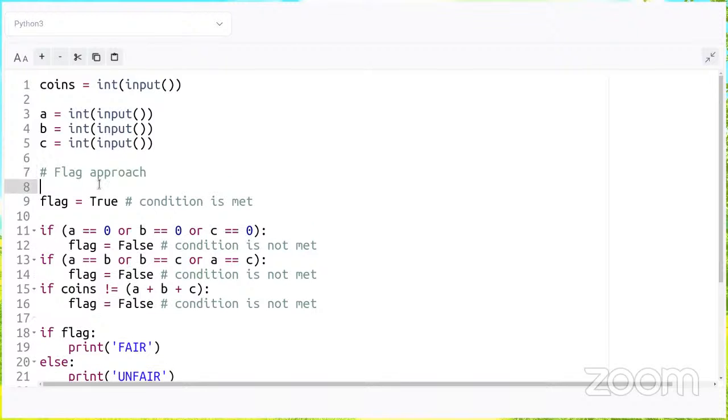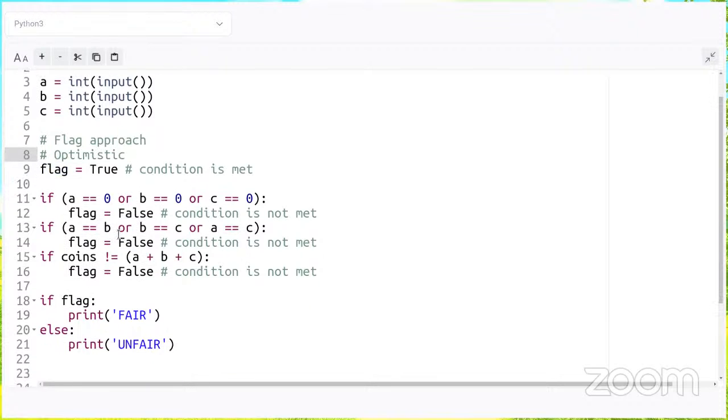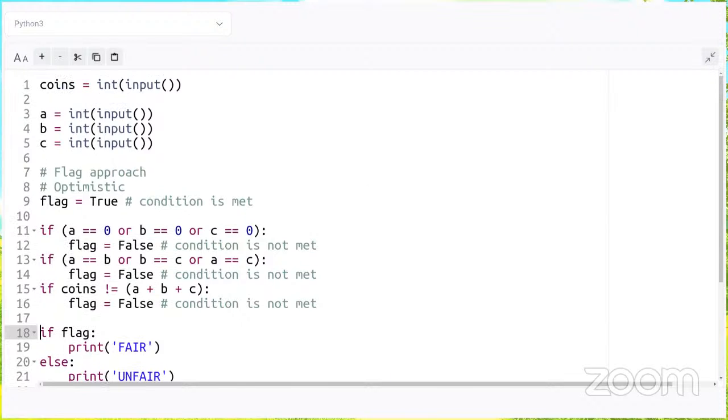Whenever you see flag, you have to remember that you always start optimistically. So it's an optimistic approach. You always assume that some condition is true, and then you go about checking for all those ways in which the condition will be false. Keep this in the back of your mind, and you may come across this in upcoming weeks.